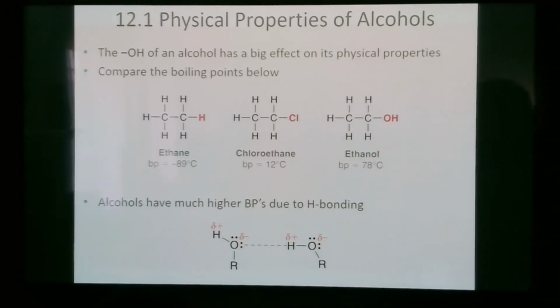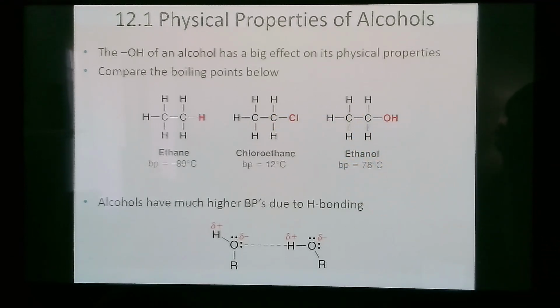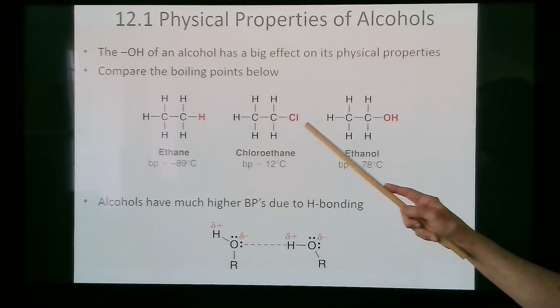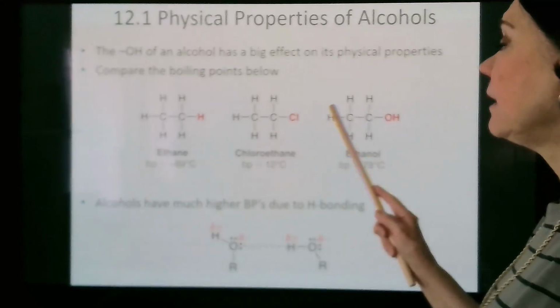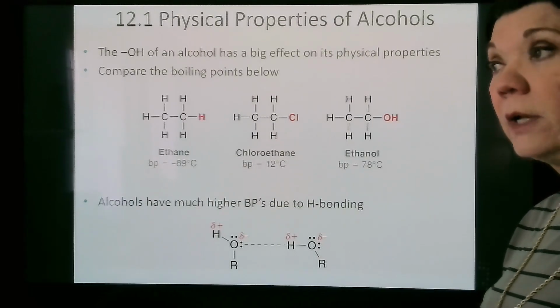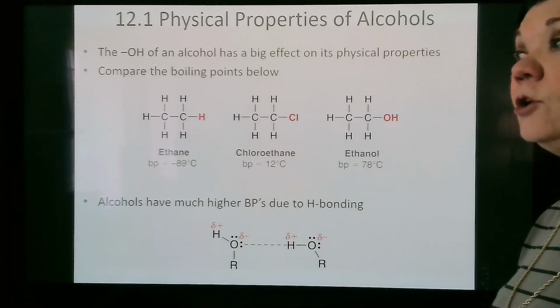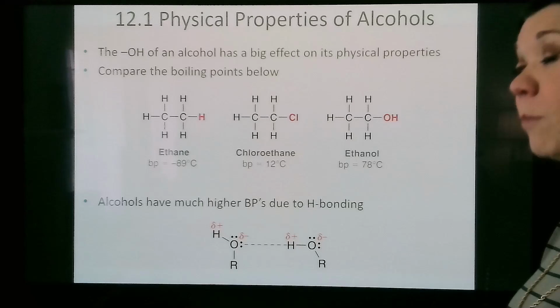and ethanol is interesting because these two have very similar molecular weights. And remember, molecules that have molecular weights that are close often have similar boiling points. And as you increase the molecular weight, generally, you increase the boiling point.